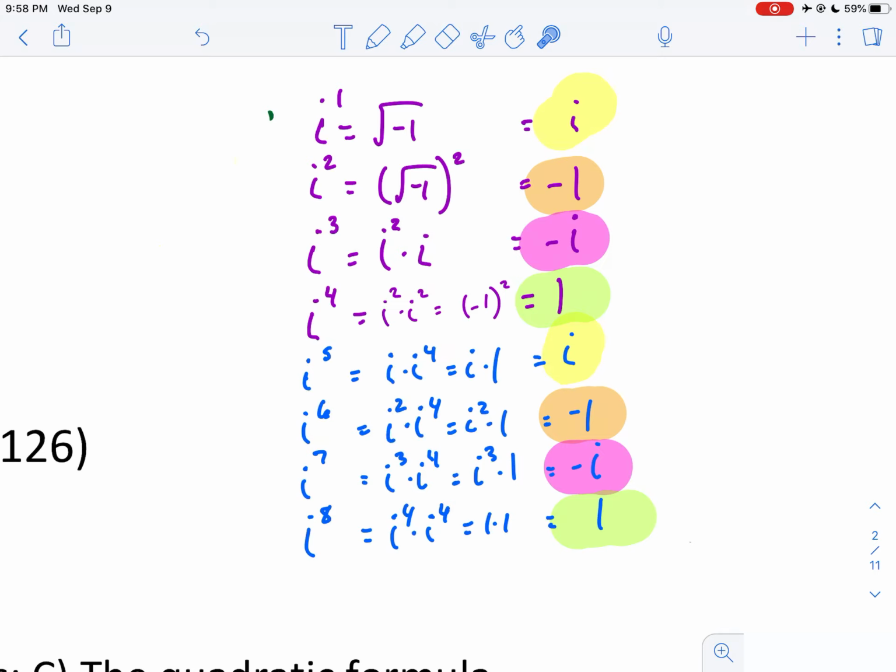That gives me i squared times 1, because we know i to the fourth is 1. And i squared is negative 1. So i to the sixth equals negative 1. You see the pattern repeating here? All right, here we've got i to the seventh. We can reduce it to i cubed, which is the same as negative i. And i to the eighth, now we have two i to the fourth. That gives me 1. Okay.